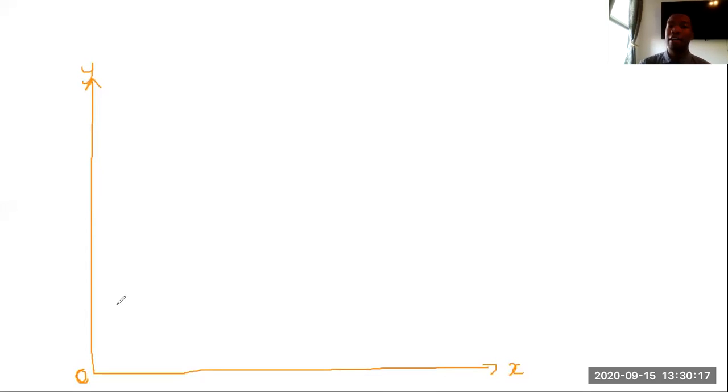For my y-axis, it's going to be the elevation. And then for my x-axis, I'm going to call it time, T-I-M-E.